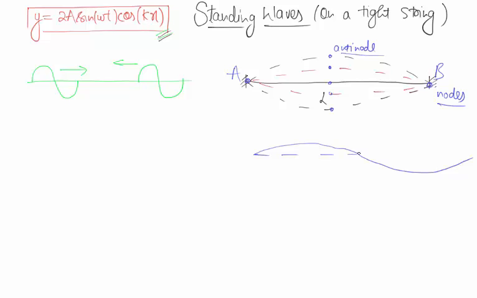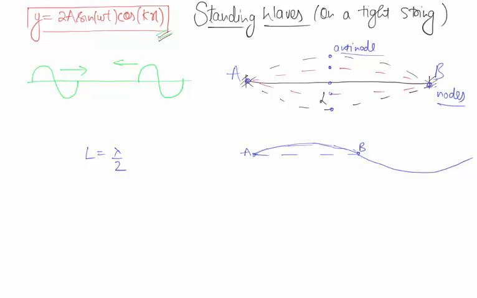So only this much part is the part between A and B. We cannot see the rest of the part because when the fundamental standing wave is created in a string, the length of the string L is equal to half of the wavelength, lambda by 2.